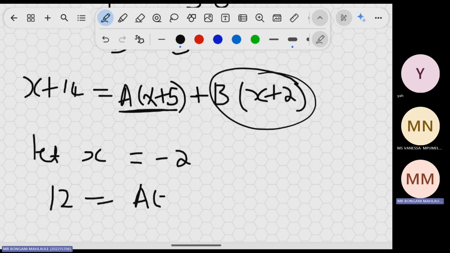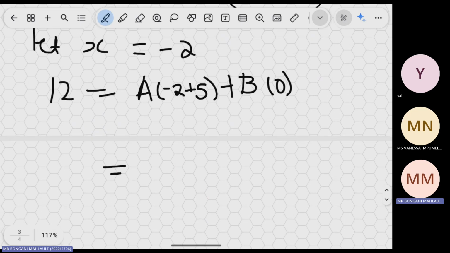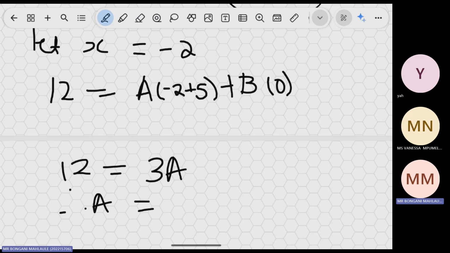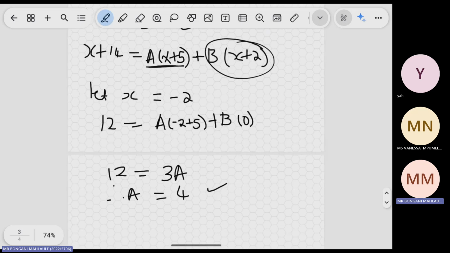Then we'll have -2 plus 5 plus b into 0, right? Guys, if you don't understand, you must stop me. Then -2 plus 5, then 3a. Then here we have 12 equals 3a. Therefore, a will be equal to 4.